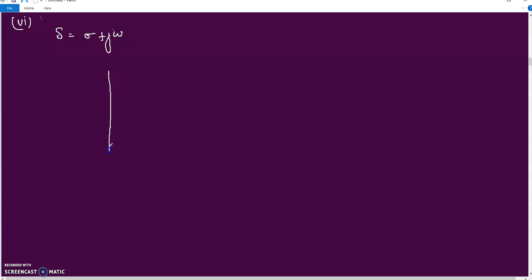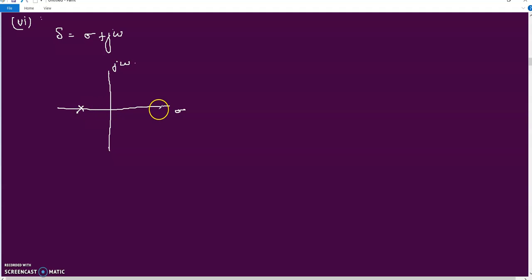So in the sigma j omega plane, the real part of s, that is sigma, is the displacement from the imaginary axis, right? So we have a pole at a distance x from the imaginary axis.